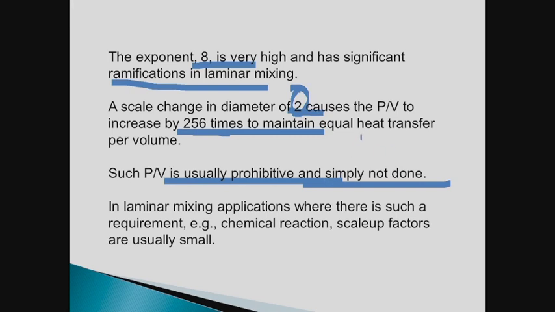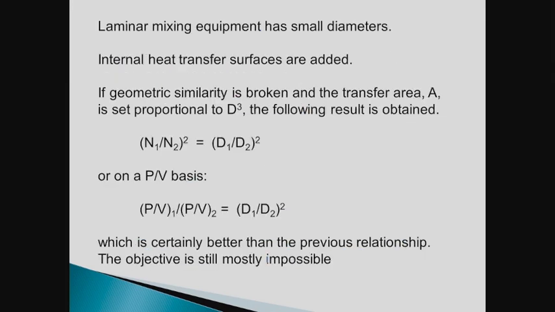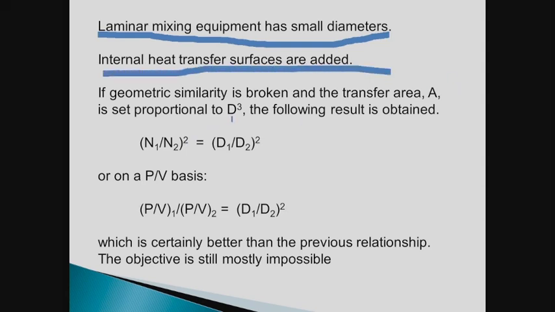Not 1 to 10, but 1 to 1.5, 1 to 2 maybe. Laminar applications where there's such a requirement, chemical reactions, go usually very small. This usually means laminar equipment has small diameters. Even if internal heat transfer is added, we'll still come up with a very difficult task.